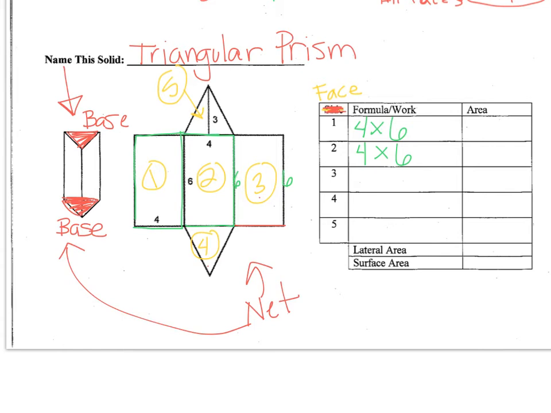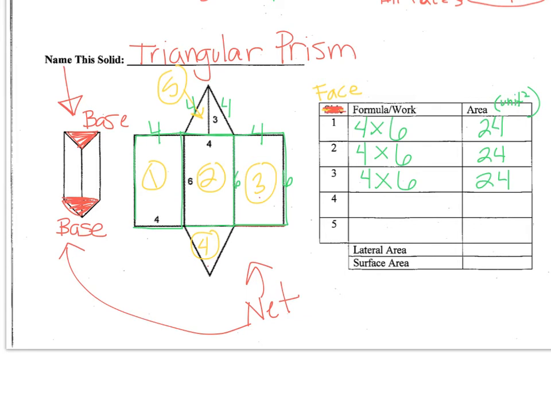And if this is a 4, that means this is a 4, this is a 4, this is a 4. So all of those are going to be the same for it to line up just perfect. So it's going to be a 4 by 6 as well. And we know 4 by 6 equals 24. And let's add our label. Oh, we don't have any units, so we'll just write units squared.